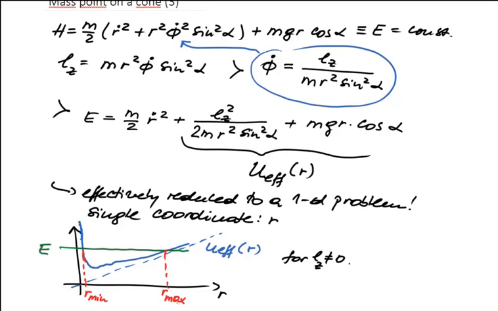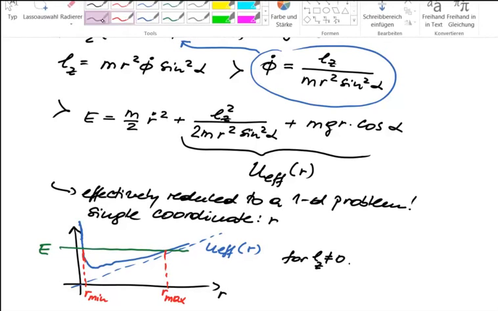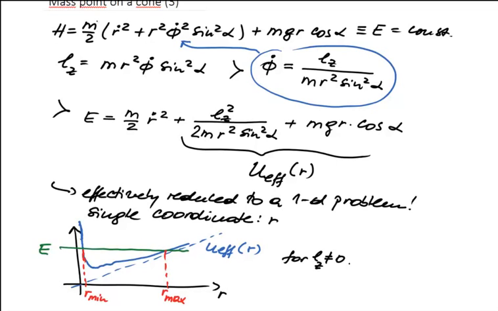In between these bounds, the effective potential energy is less or equal to the total energy. Outside these bounds, the effective potential energy is larger. Physically, the particle is constrained to move between these two bounds. So we will have a periodic motion. We will have the body moving between this minimal distance r min from the origin and the maximal distance r max from the origin.